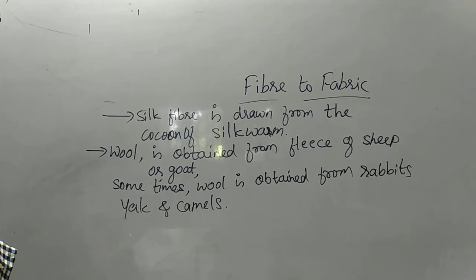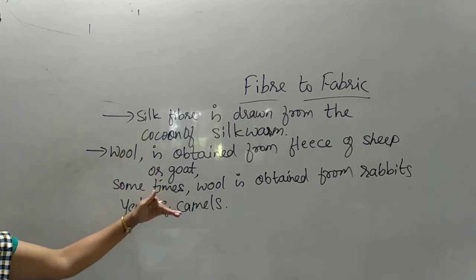Okay. And if the fibers are man-made or artificial, those are called synthetic fibers. So about 100 years ago, we observed that fibers were made from chemical substances, that is artificial, which are similar to these natural fibers.